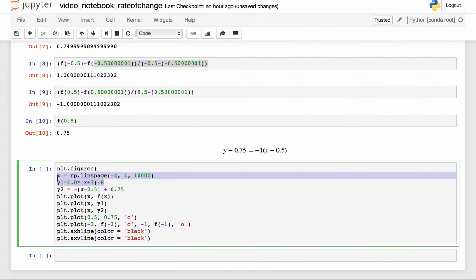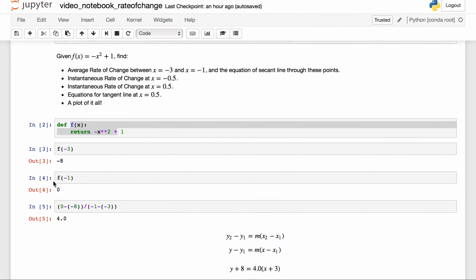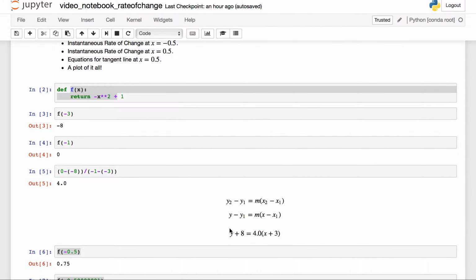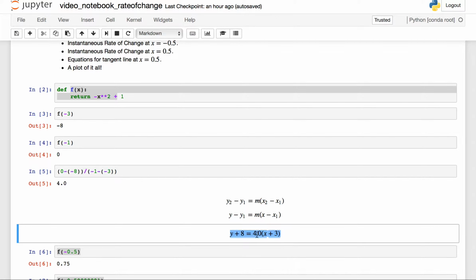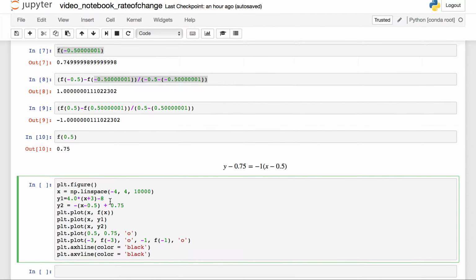I'm going to define the lines as y1 and y2. To use this line in Python, I need to move this 8 over so I have an equation for y explicitly in terms of x. To do that, I would just subtract that 8. So that's where this equation came from.